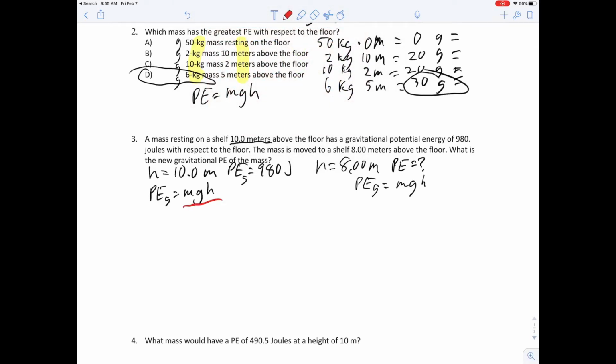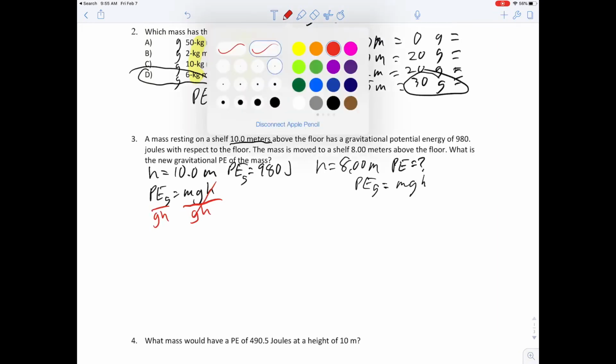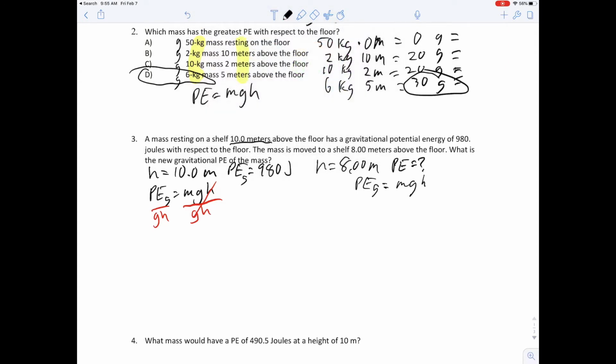To make it clear, I'm going to divide both sides by gh so I can get these to cancel out. So I have potential energy over g h is equal to mass. Then 980 joules divided by 9.81 meters per second squared times 10 meters is going to be our mass.